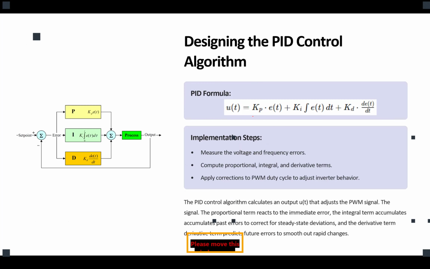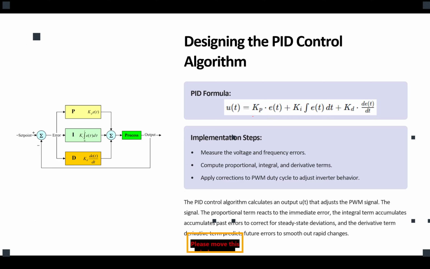Now, to be more precise about the design of the PID controller, the PID formula defines the controller, and you can imagine from the name what we are talking about.